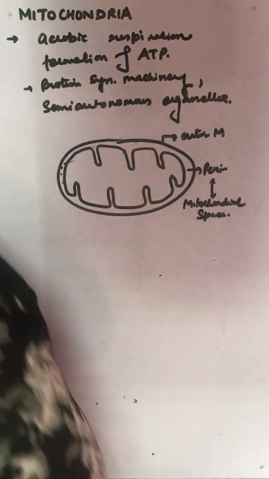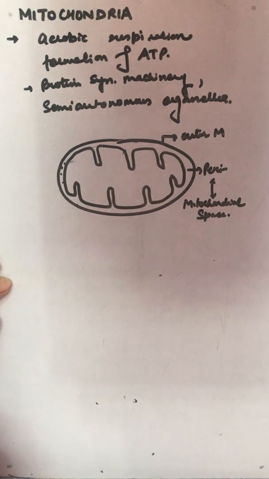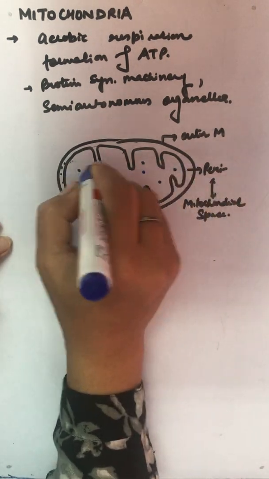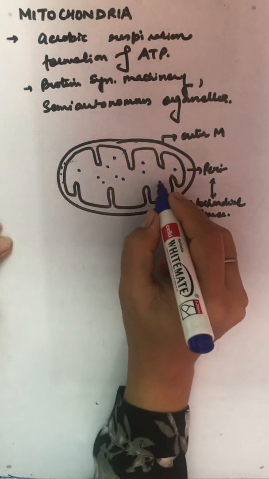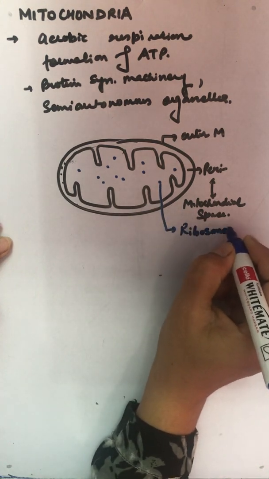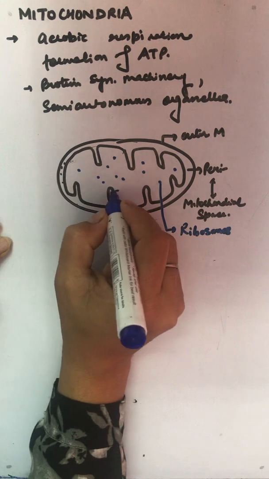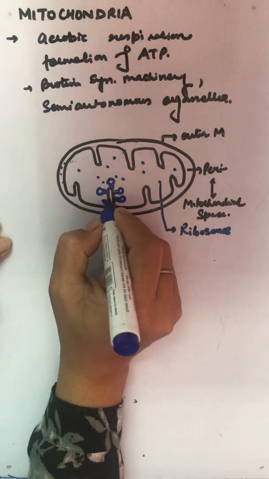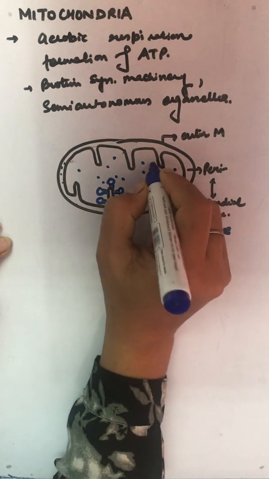Then it has small circular bodies which are known as ribosomes in it. Then it has oxysomes which are attached onto the cristae. These oxysomes are present everywhere.